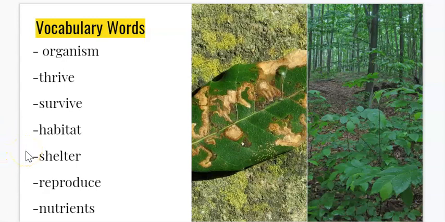Shelter, this is what we use for protection. Reproduce, that means an organism is creating another organism like themselves. Nutrients, that's just a fancy word for food.